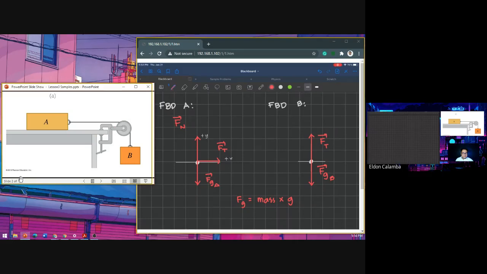Okay pa tayo? Kaya pa? This is kinda preliminaries pa lang. And then I want you to familiarize yourself or to get the hang of making free body diagrams because paulit-ulit ito when you go to your professional subjects.